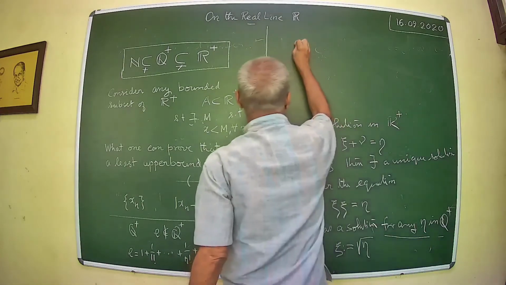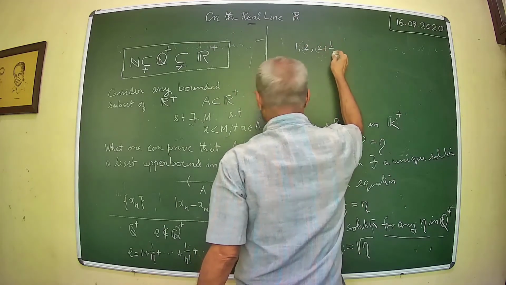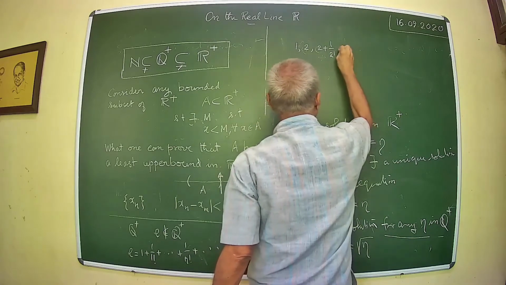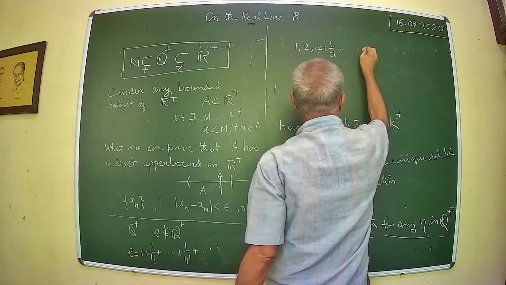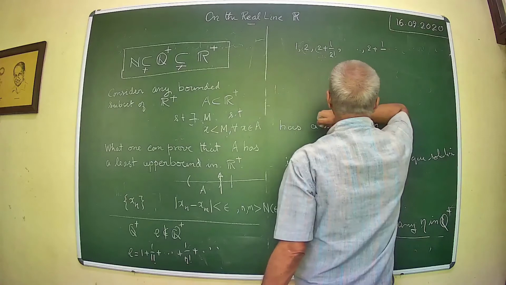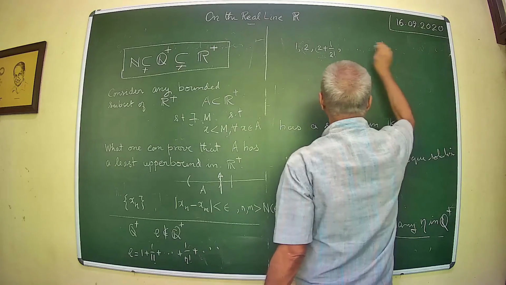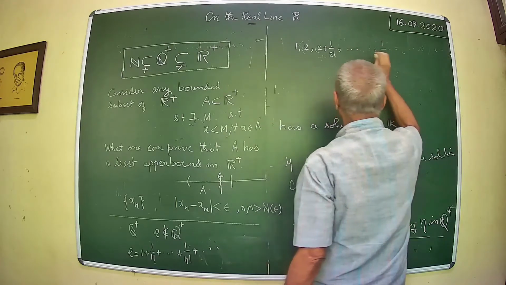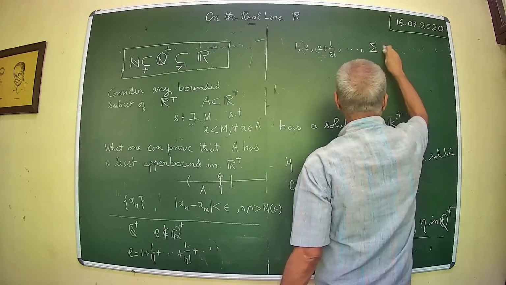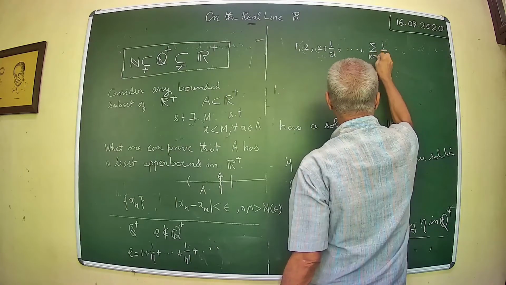So you take the sequence 1, 2, 2 plus 1 by 2 factorial, comma, 2 plus 1 by 2 factorial plus 1 by 3 factorial, etc. So you have the general term as sigma 1 by k factorial, k running from 0 to n.